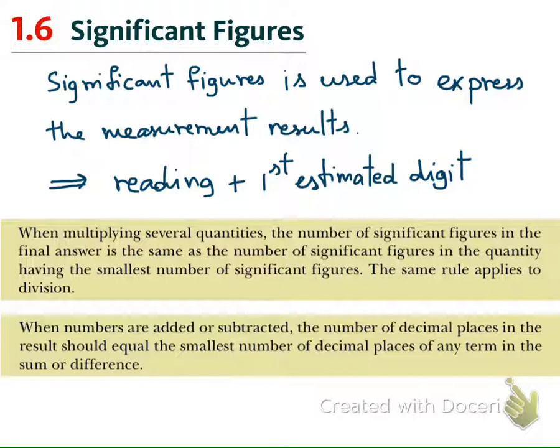Next, as the last topic in this chapter, this describes the way to express your result in a scientific way. That is, the number that you express from your measurement or from your calculation must be meaningful, and we use the method of significant figures to express your number.